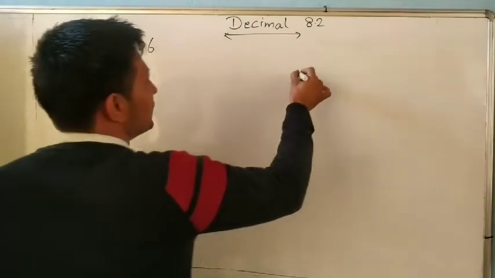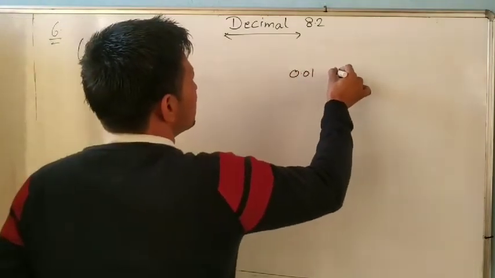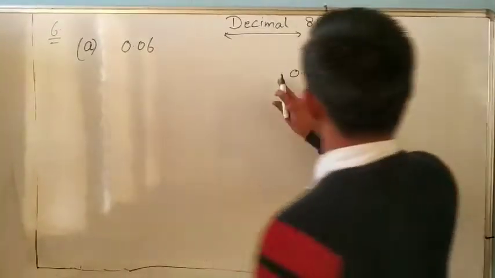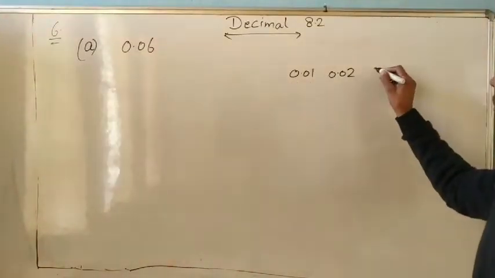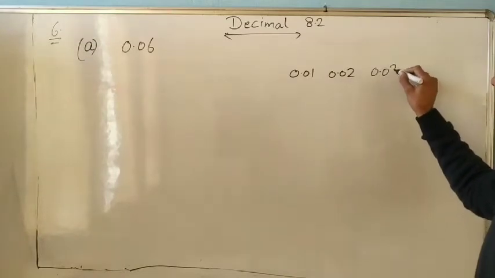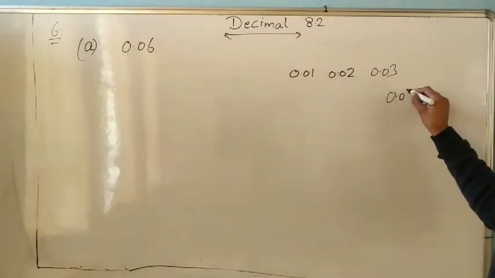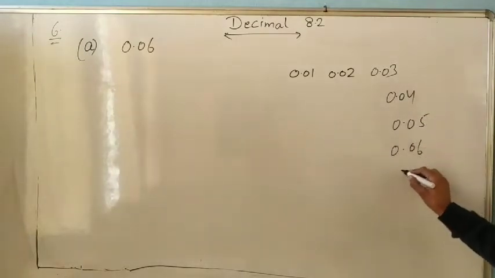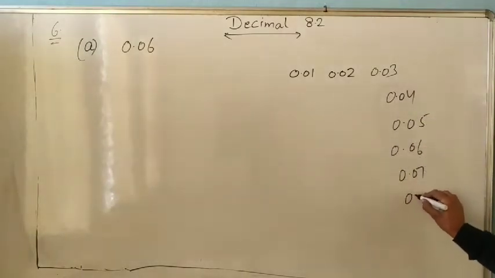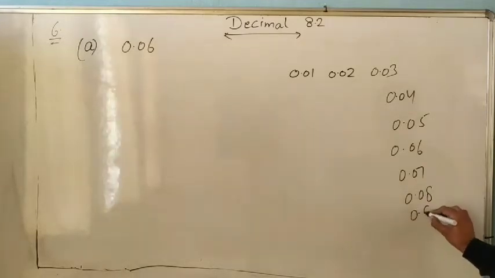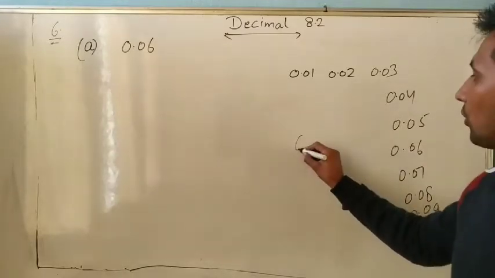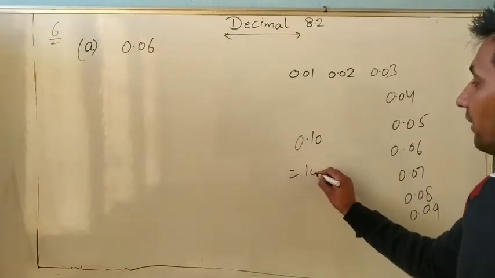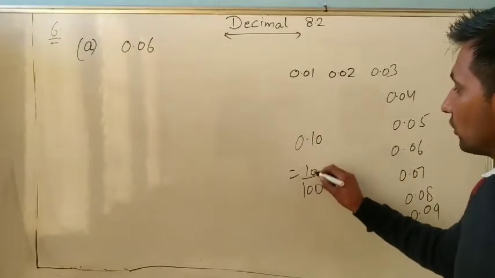So it means 0.01, 0.02 come. Before 0.06, what comes? 0.01, 0.02, 0.03, 0.04, 0.05, 0.06, 7, 8 and 9. Next is 0.10. What can you write? 10 divided by 100, so cancel 0 by 0.